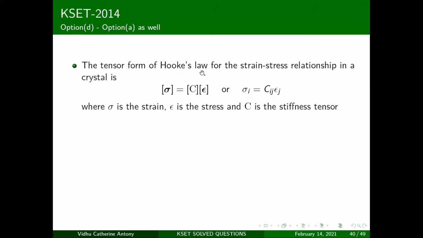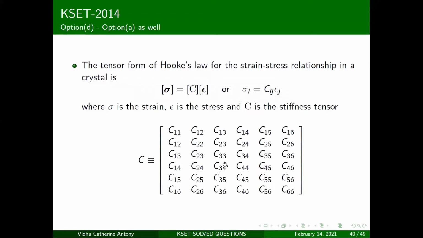The tensor form of Hooke's law for the stress-strain relationship in a crystal is sigma equals C epsilon. Here sigma is basically the strain, epsilon is the stress, and C is the stiffness tensor. This is how it looks once you do your Kronecker delta product; I'm not going into too much detail, I'm just showing you how it looks.